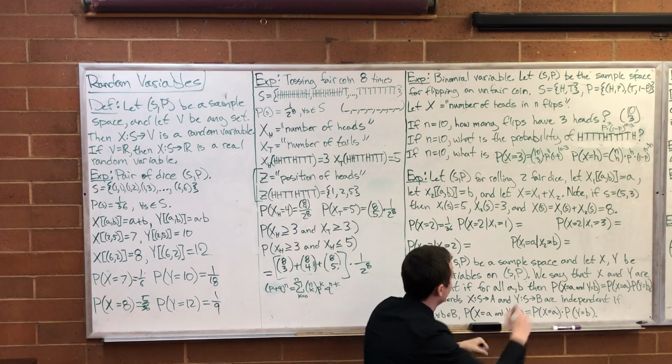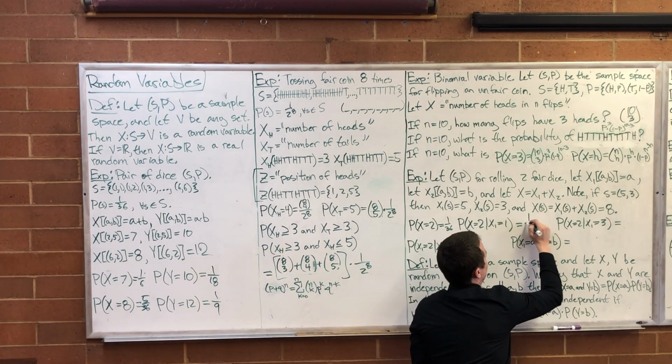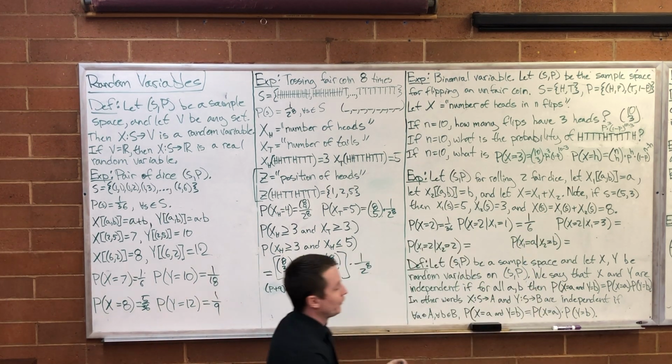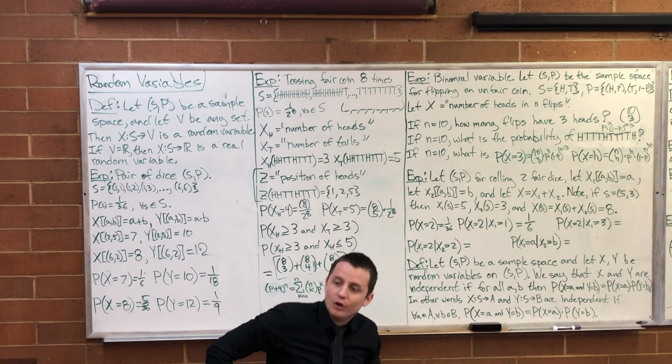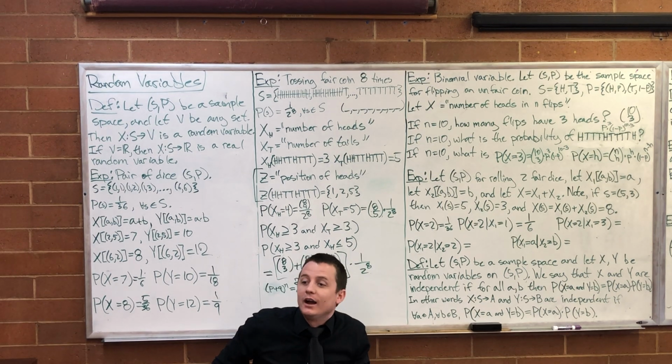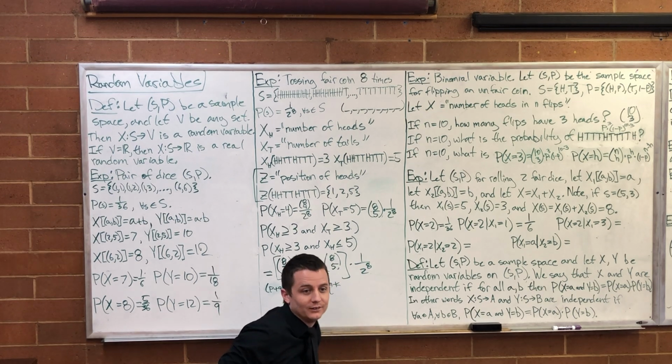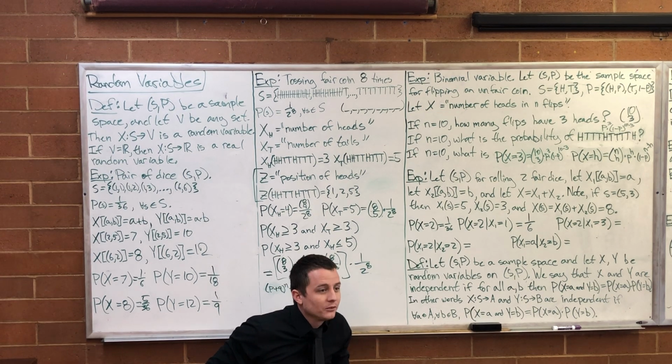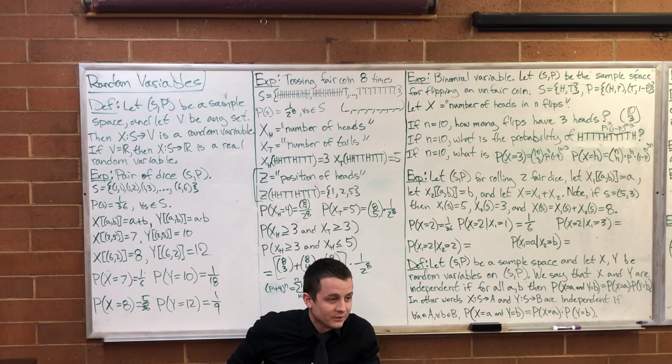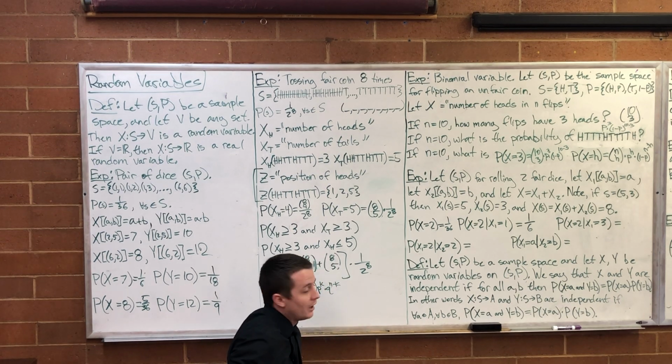If you already know that your first die is a 1, what's the probability that your second die is a 1? It's just the probability that your second die is a 1, which is 1/6.